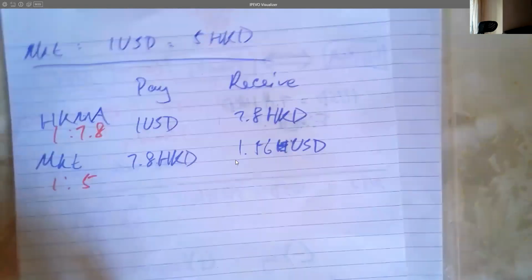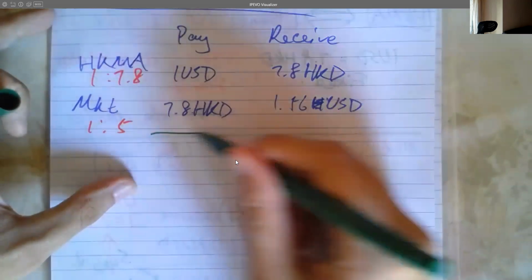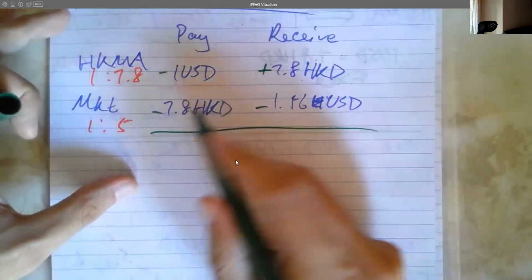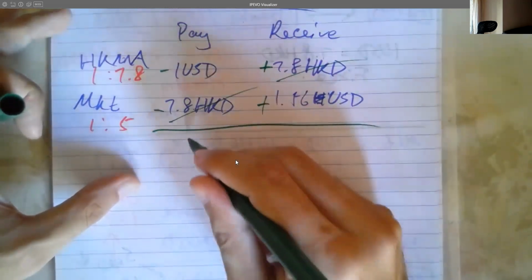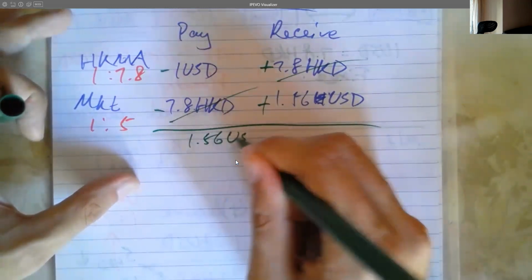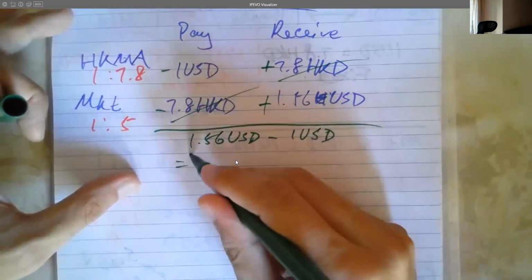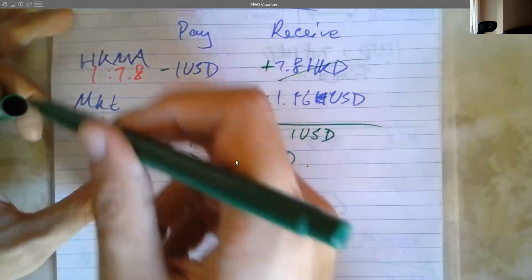No, it's okay. All right, remember? So in total, it goes like this. Now, receive, pay. So these two cancel out. We get 1.56 USD minus 1 USD, then we earn 0.56 USD.